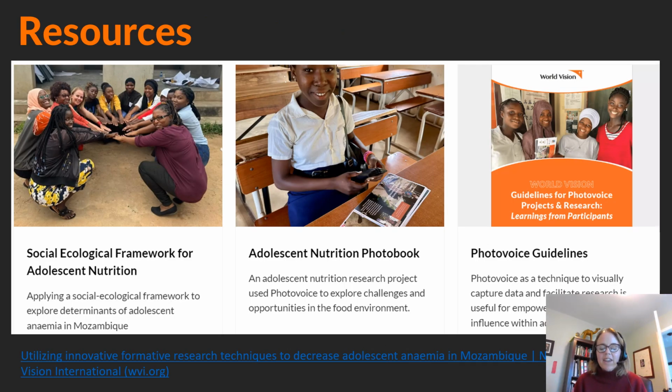Based upon our work in Mozambique, we developed some resources and guidelines. The first is a paper on a social ecological framework for adolescent nutrition. The second is our photo book, and the third is our Photovoice guidelines. We hope these resources are helpful as you explore Photovoice in your own work. Thank you.